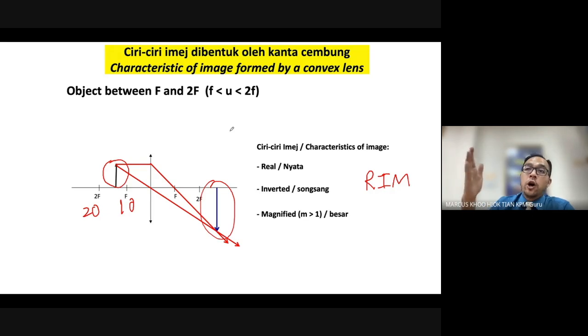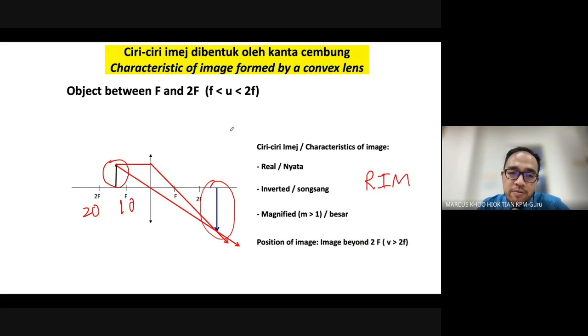Okay, notice how the object moves. Case number 1, the object very far away, 2 times. Case number 2 is object ngam at 2F. Case number 3 is object is 2F and F. Okay, this fourth one is a little bit tricky, but let's do it together. Oh, sorry, the position of the image is beyond 2F. I guess you can write this if you want lah. So like the further the image is from F, the bigger it is. Right.